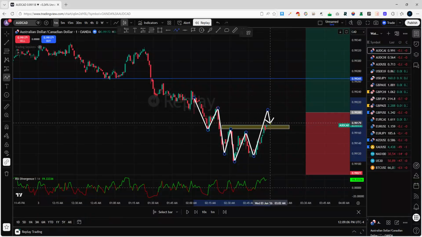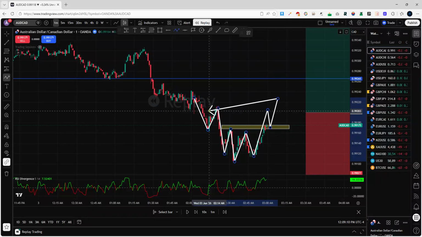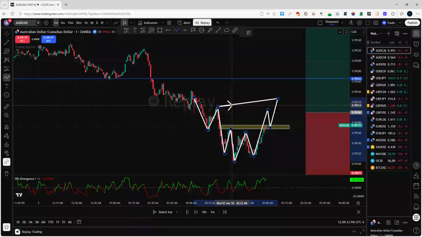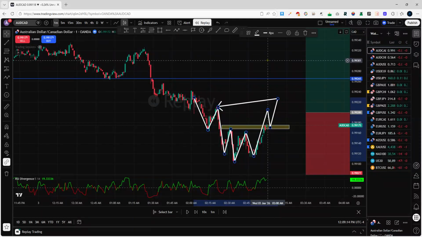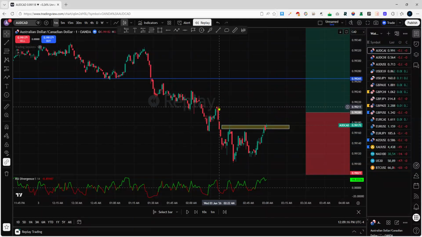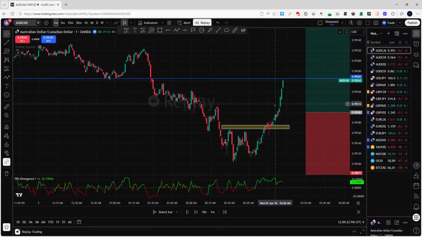Now I wanted to see price do a little break and retest here, but I didn't. Price just kept going. So once we beat this high, that's when I pretty much got in. Boom, price kept going, kept going, kept going. Okay, I'm in. So me looking back at this, what did I do wrong?